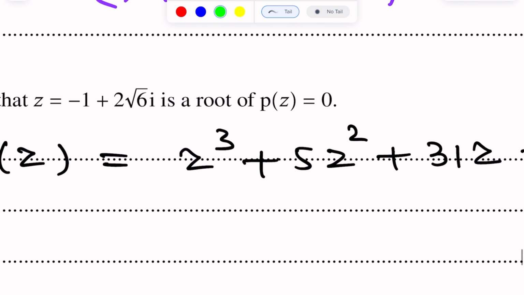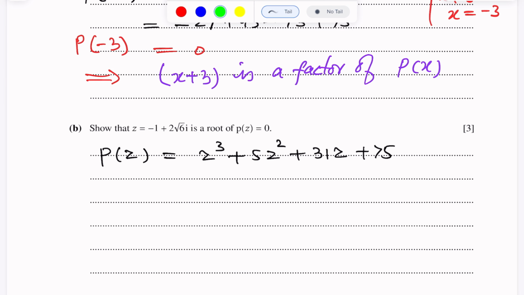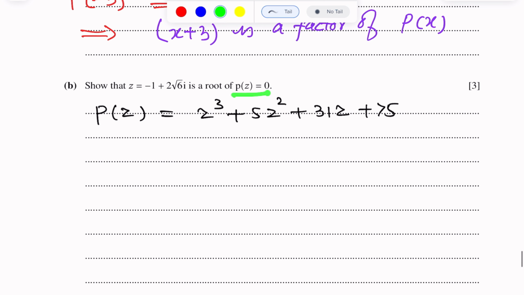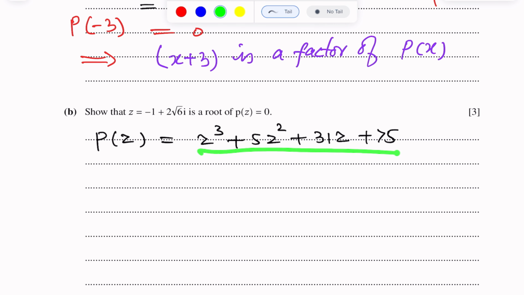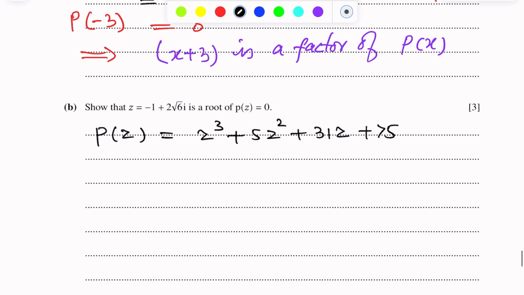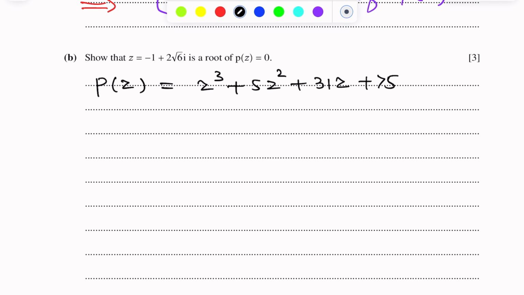This shows that minus 1 plus 2 under root 6 iota is a root of p(z) equal to 0. Now we are putting z equal to minus 1 plus 2 under root 6 iota and finding p(z).